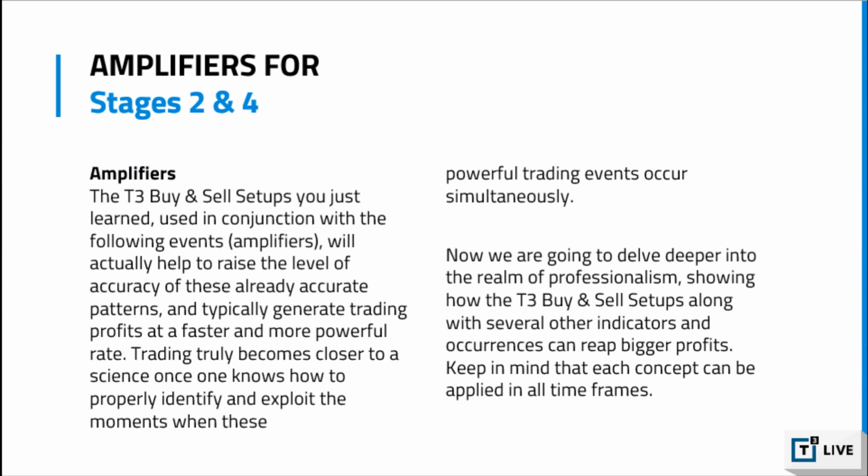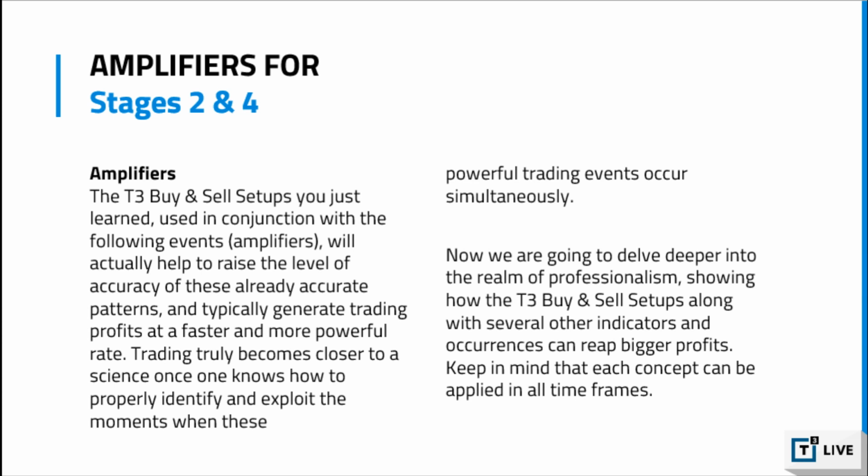For now, we're going to talk about the first amplifier, which is the bottoming tail, but let's read a little bit about the amplifiers. The T3 buy and sell setups you just learned about, used in conjunction with the following events, will actually help to raise the level of accuracy of these already accurate patterns, and typically generate trading profits at a faster and more powerful rate.